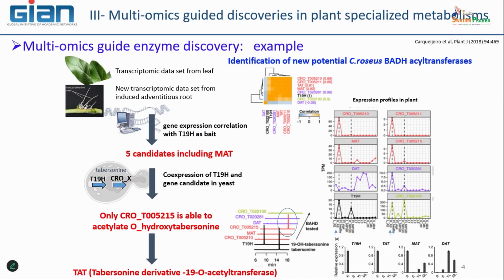And here, after, we have made some complementary work showing that, in fact, this particular enzyme is expressed only in roots, as is 10-hydroxylase, but not like that. That is another acetyltransferase that occurs in the leaf to produce the final vincristine and vinblastine.